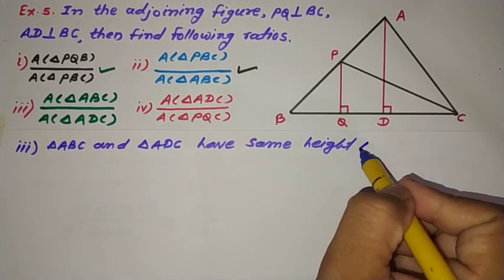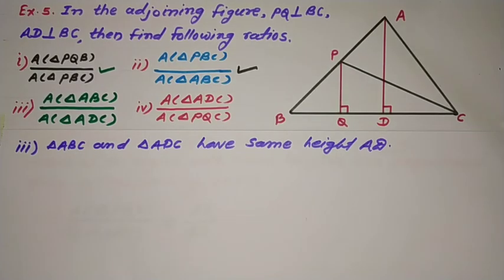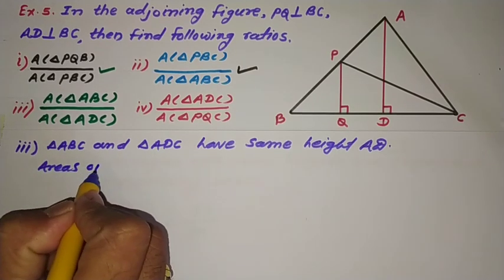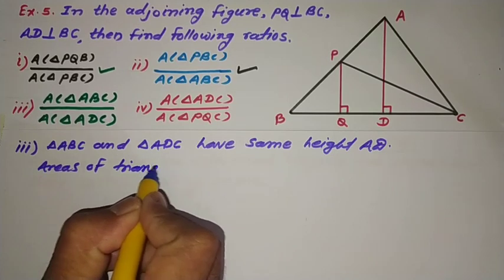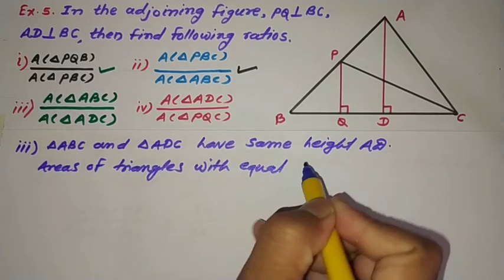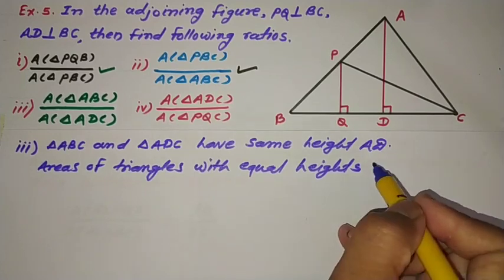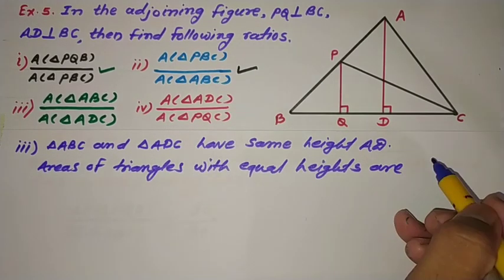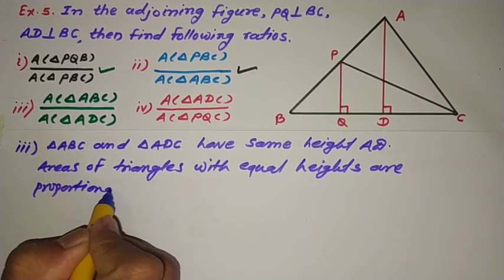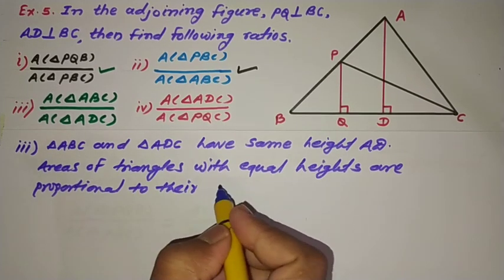The height is AD, and we know that the areas of triangles with equal heights are proportional to their corresponding bases.